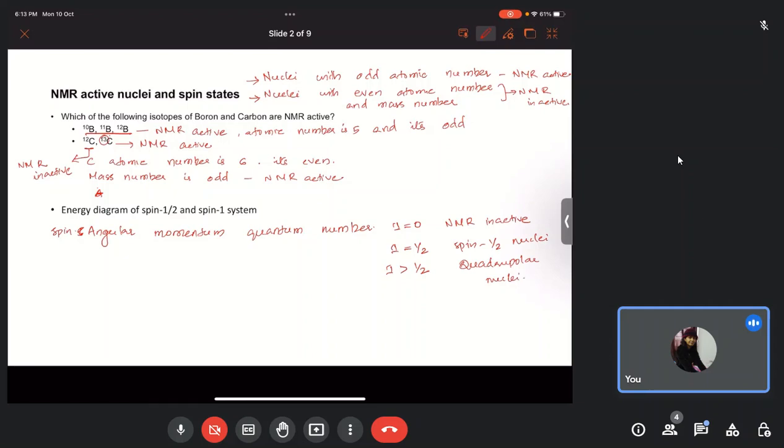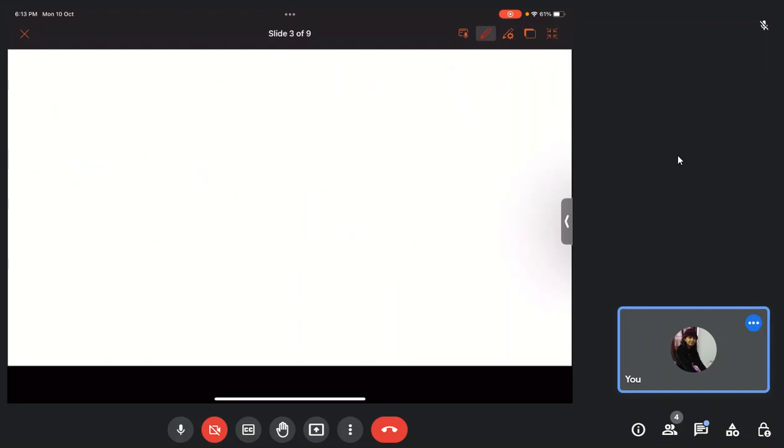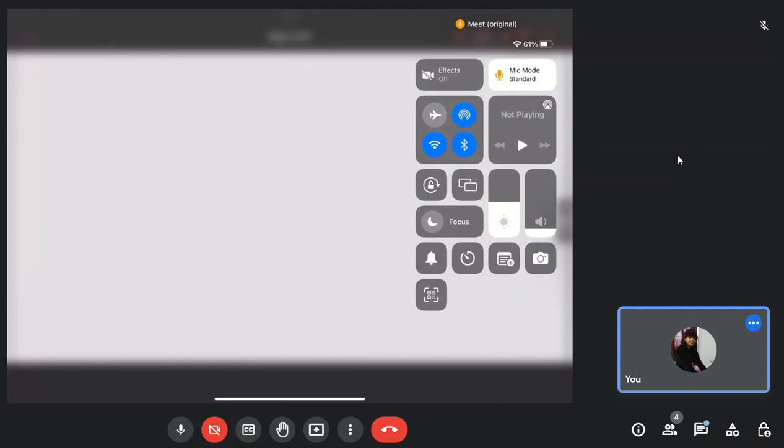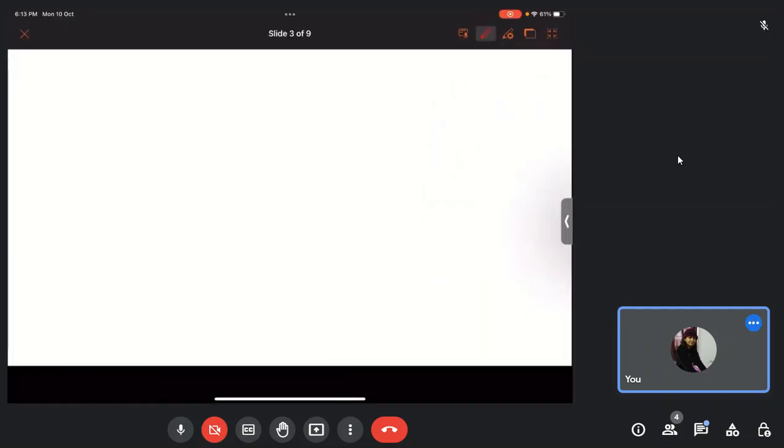We have been asked to show how the energy diagram of a spin half system looks like. I think it has been covered in the class, but for one more round of clarification, in case of a spin half nuclei, the spin can adopt two orientations where m is equal to plus 1 by 2 and m is equal to minus 1 by 2.